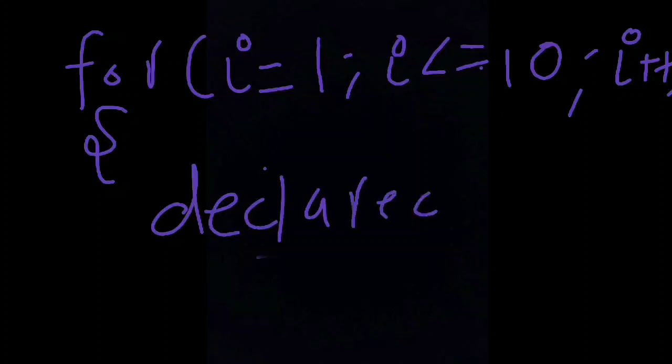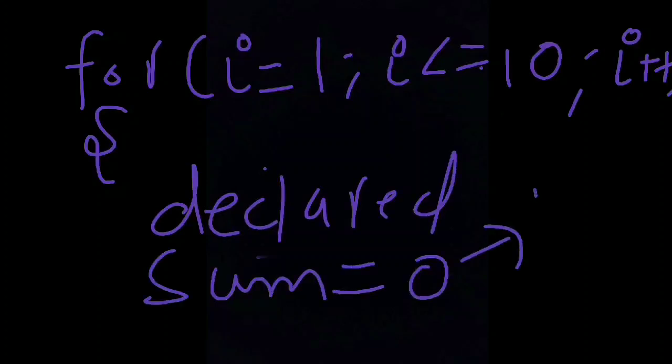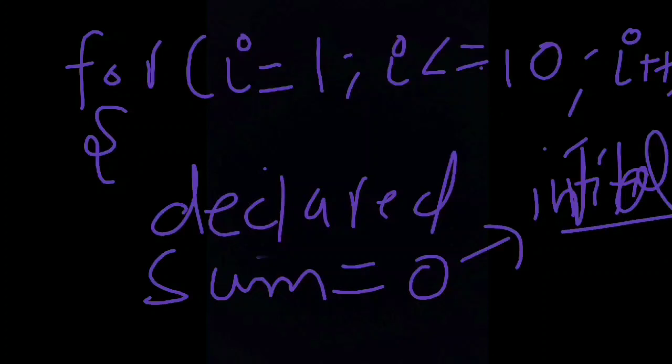So i plus plus. Now remember guys, before starting with this loop, I have declared some variables. Obviously, you know that before starting with the loops, we declare some variables. So I have already declared a variable named sum, and I have initialized it to 0, which means that the initial value of sum is going to be 0.